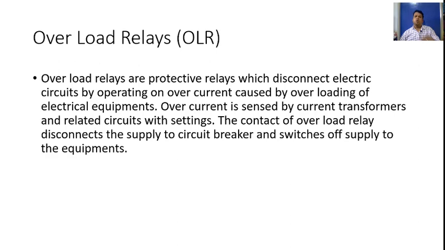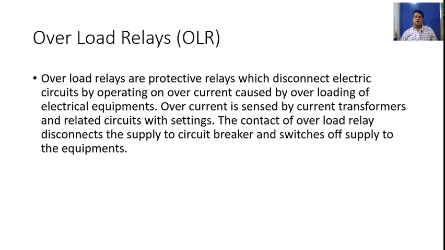Now we'll talk about the overload relay. What is the overload relay? Whenever you have an overload, this relay will operate. Overload relays are protective relays which disconnect the electric circuits by operating on overcurrent caused by the overloading of the electrical equipment. So if any electrical equipment overloads, the information is given to the relay and it protects the circuit from further damage.